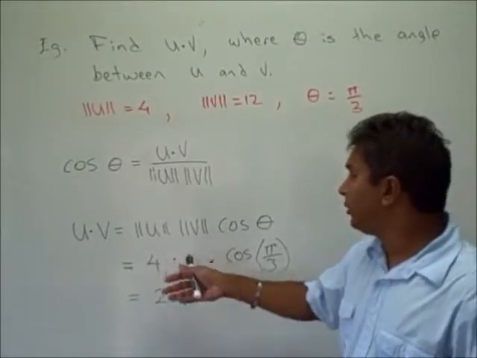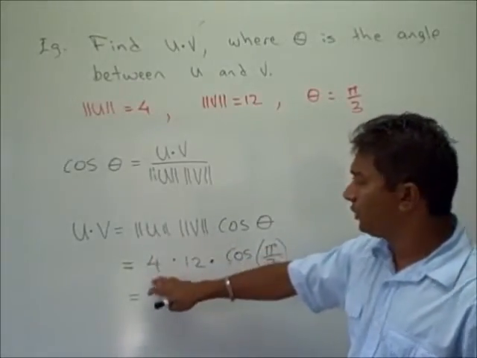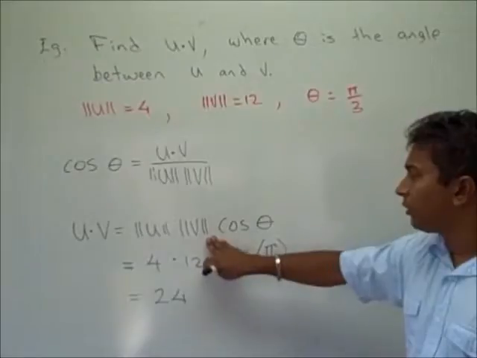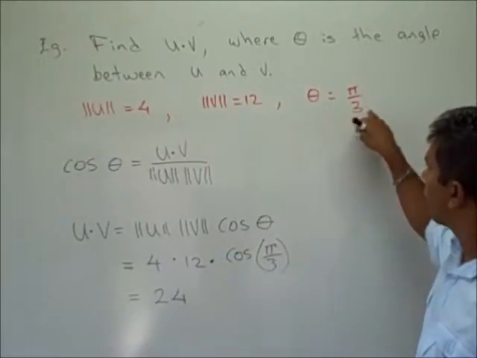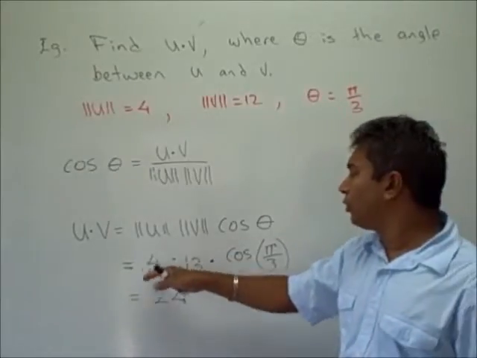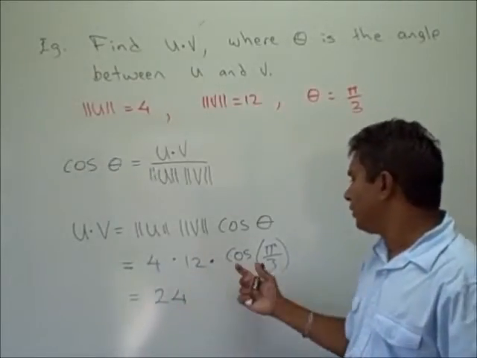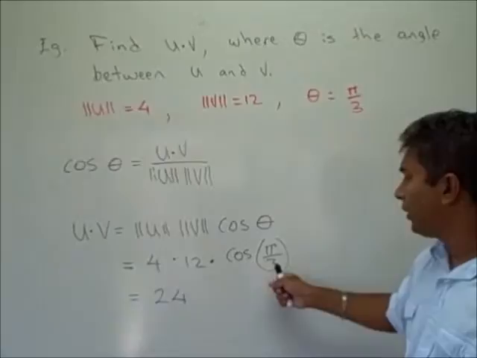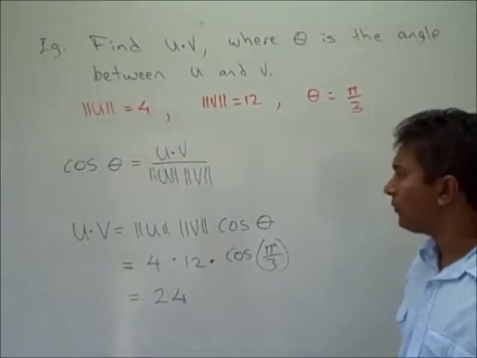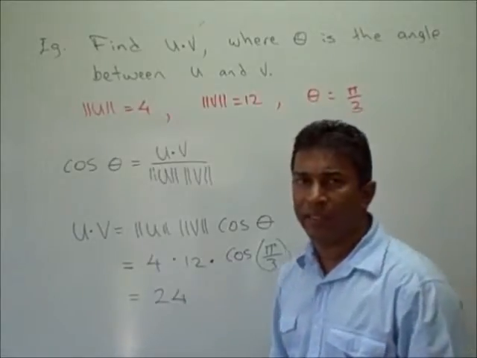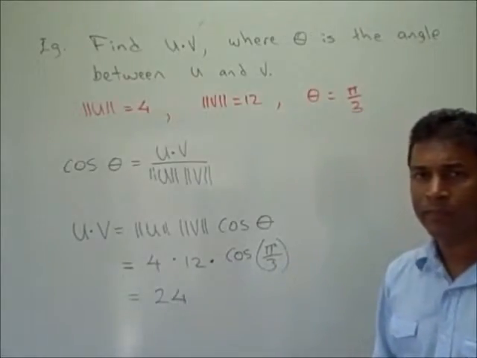Now all we need to do is substitute for the magnitude of u, which is 4, times the magnitude of v, which is 12, times the cosine of theta, which is pi over 3. So this is 4 times 12, which is 48. The cosine of pi over 3 is 1/2, so it's 48 times 1/2, which is 24. So the dot product of u times v is 24.